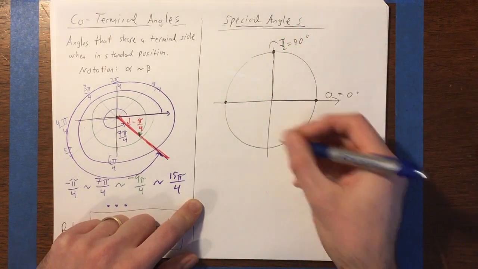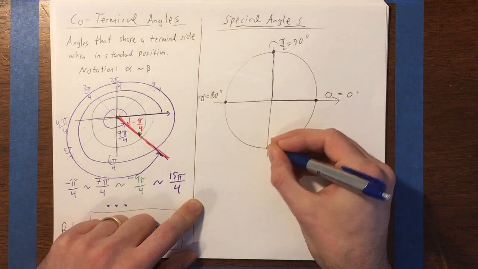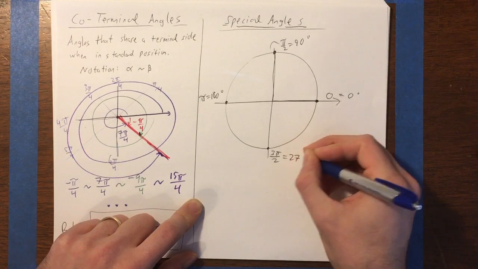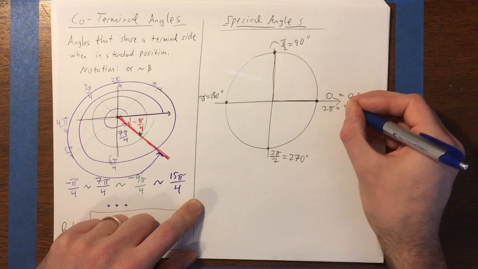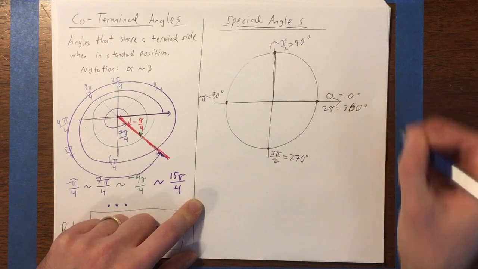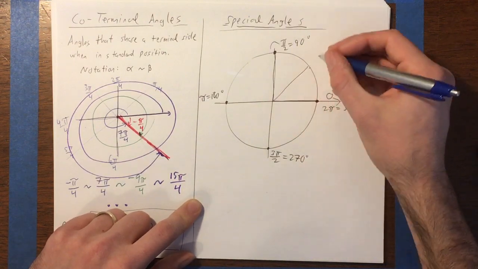Over here, we've got pi radians, which is 180 degrees. Down here, 3 pi over 2 radians, which is 270 degrees. And then, of course, back here again, we have 2 pi radians, which is 360 degrees.